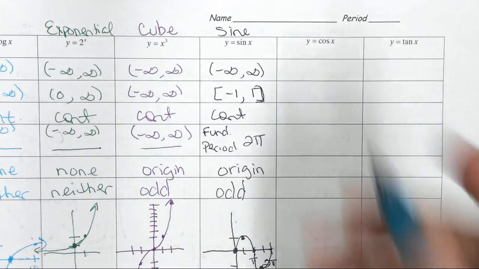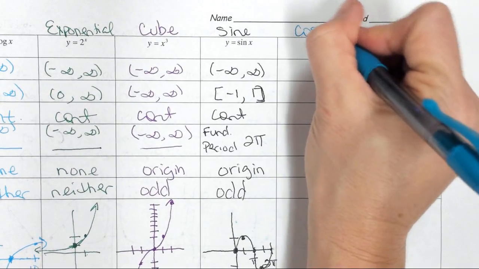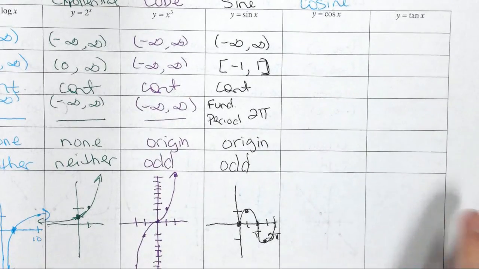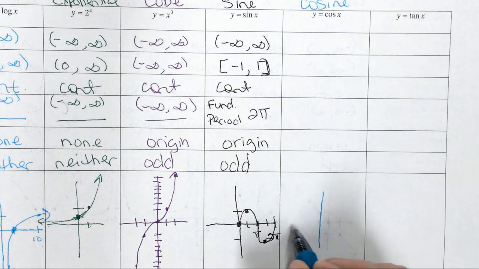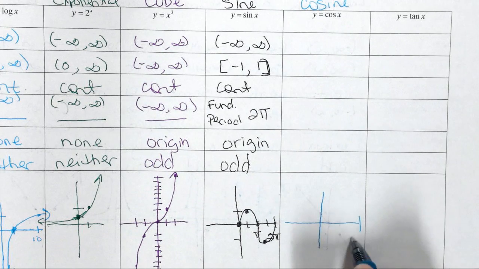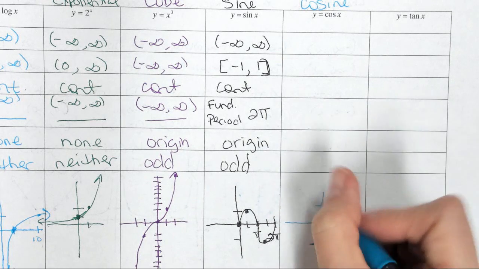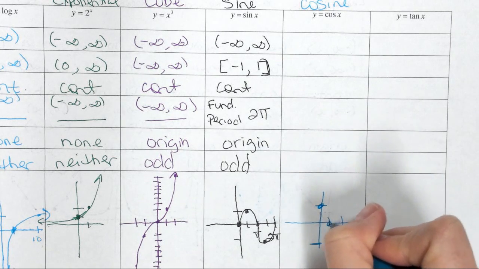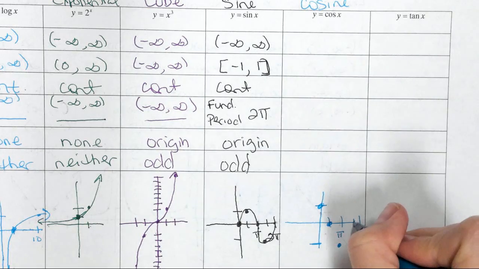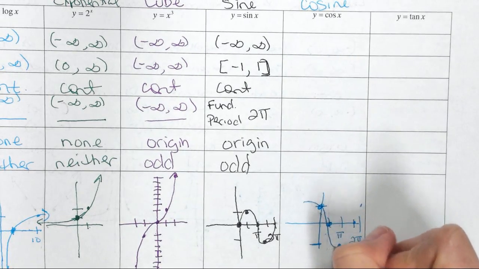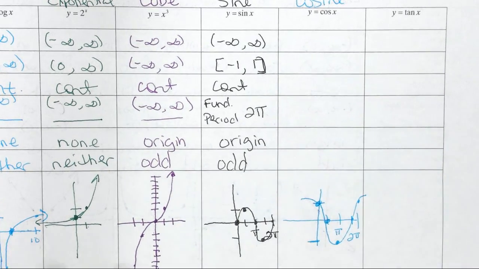Then we have our cosine function. Again, we're going to get 2 pi, pi, half it, 1, and negative 1. Cosine started at the max, cut the axis, minimum, axis, max. It kind of looked like the tulip. I always called it the tulip.